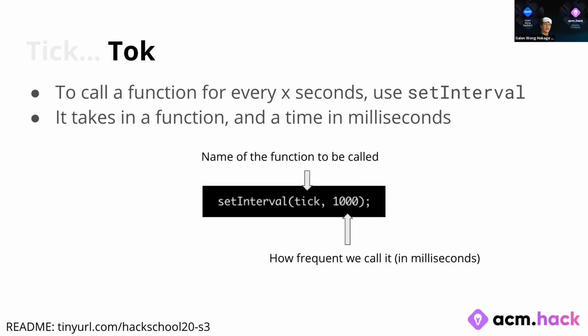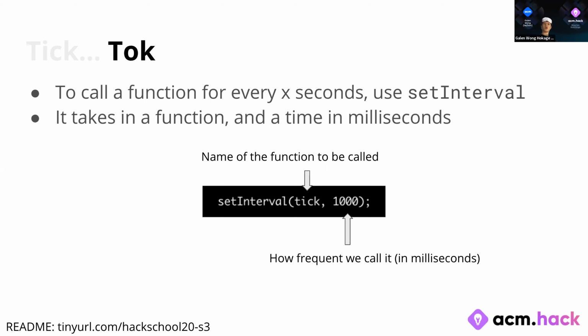It means how frequently you want to call this function. So for example, right here on the slide, setInterval tick, which is the function we just defined, for 1,000 milliseconds, and 1,000 milliseconds is 1 second. So basically we're saying that setInterval executes the tick function every 1 second, all right?